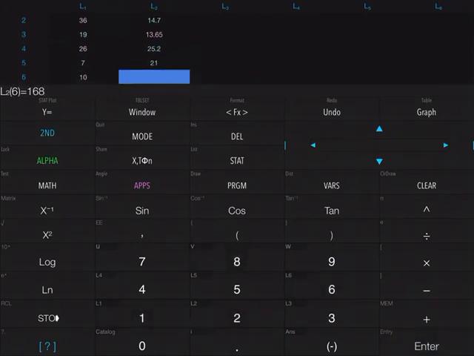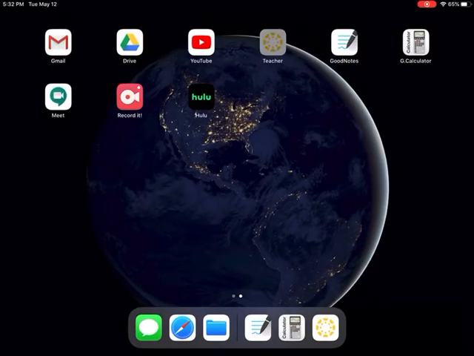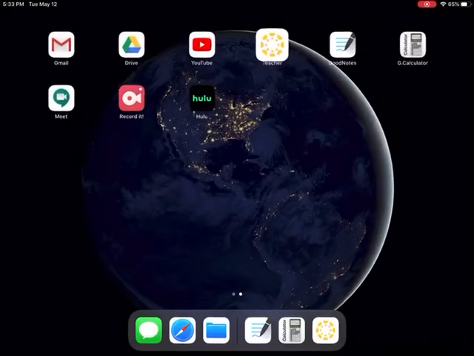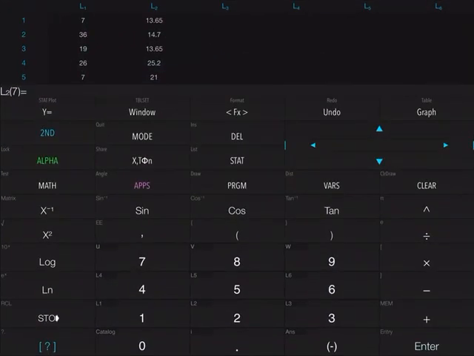Okay, we expected 13.65, and it is important that you do observed in L1, expected in L2. Okay, so we've typed those into L1 and L2.